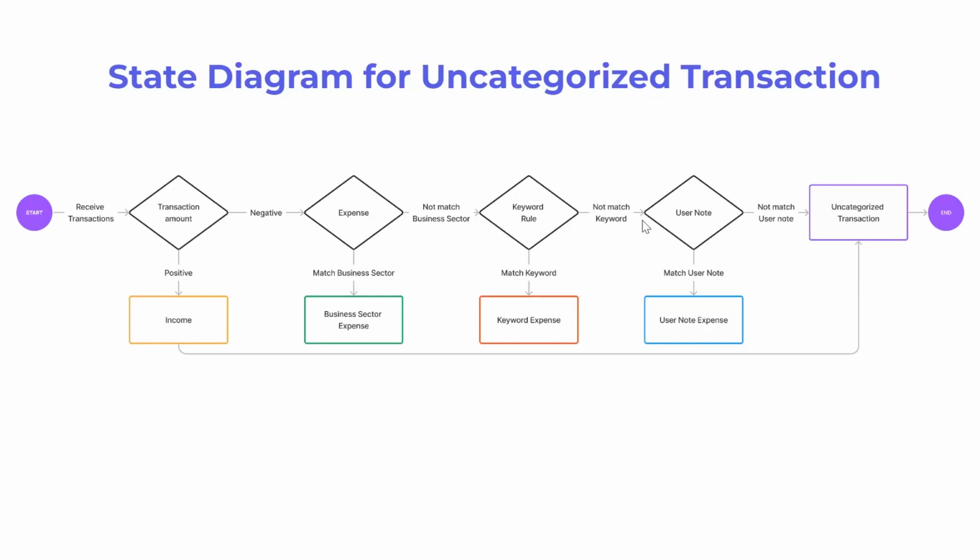And if it doesn't match the keyword too, we will base it on the user note, like some of us input a note when we transfer money to someone else. But if it doesn't match any of these rules, we will classify it as an uncategorized transaction.